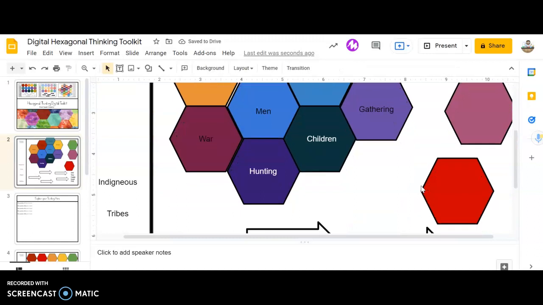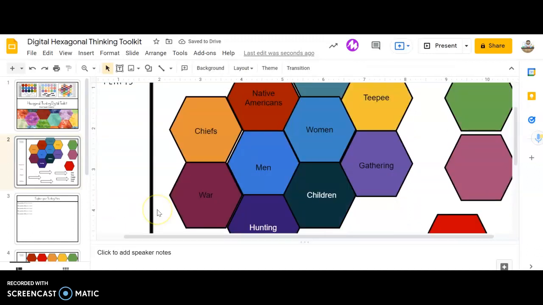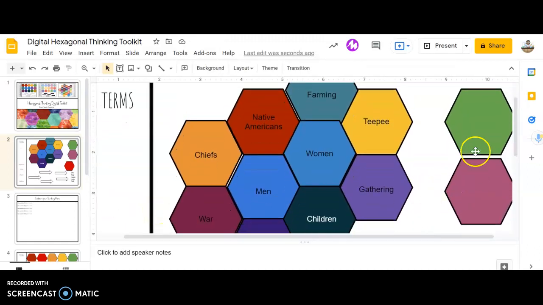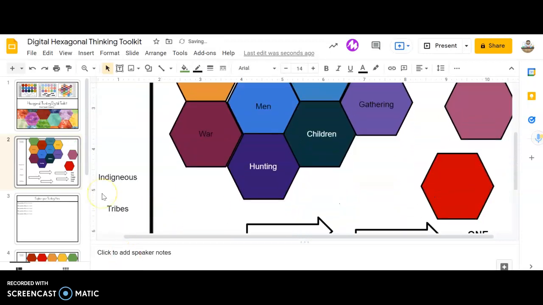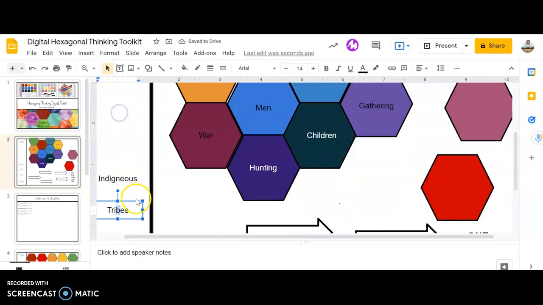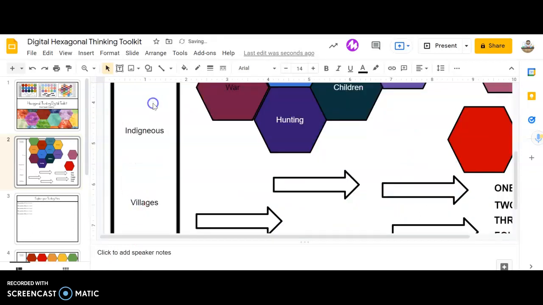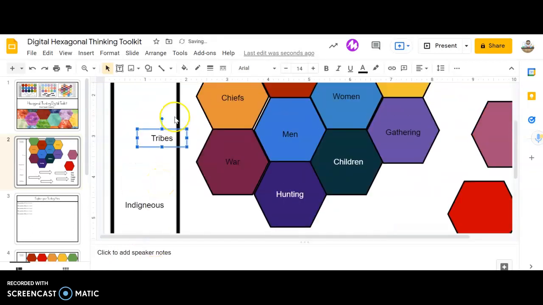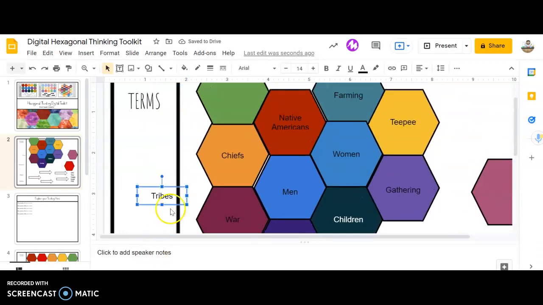Okay, now there may be some terms that you just don't get to. Although I could probably drag this here. I know it's off the screen, but I can still see that they're connected. And I'm going to drag the word tribes on. Oh, what did I do with the word tribe? There it is. And I'm going to drag the word tribes into here. And I'm starting to make some connections.